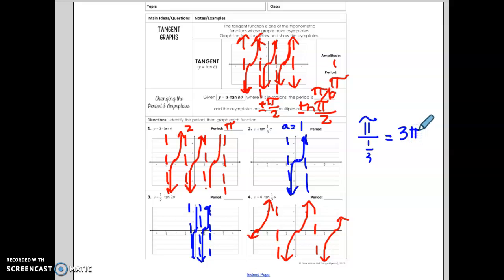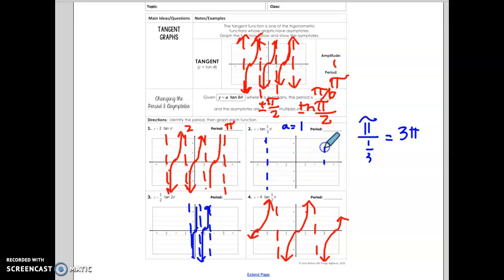I'm going to erase this one and just start from scratch because there's not much there, and I don't like what's going on here because I think that was incorrect. Sorry about that. But we are going to take a look at 3 pi. So half of 3 pi is 3 pi over 2. Each of those are going to be my asymptotes.